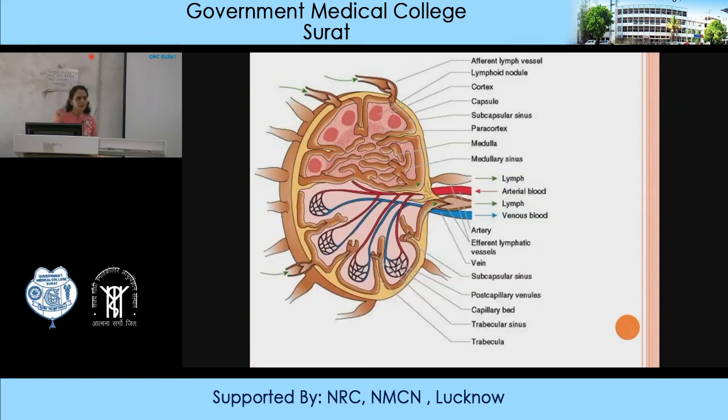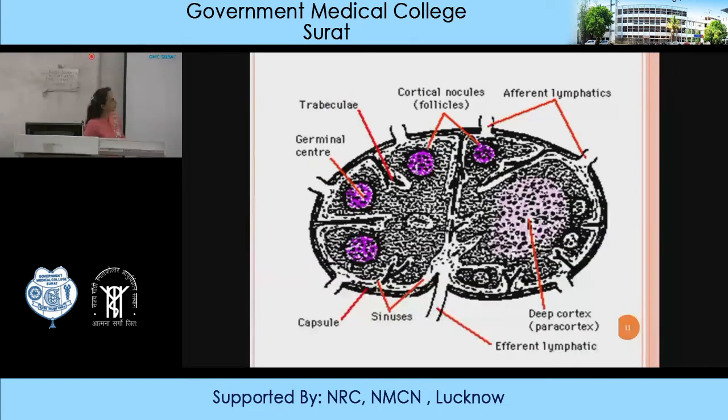Here we can see the outermost area, the capsule. The round egg-shaped structures are follicles and the central medullary area. Again, you can see on the left side the large pale staining area, that is the germinal center, and dark primary follicles and medullary area.